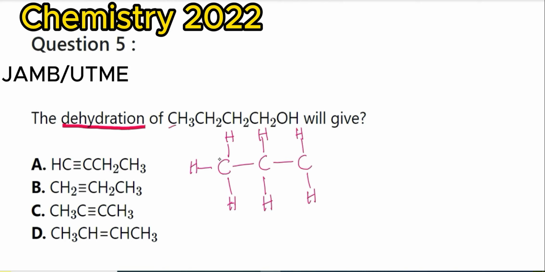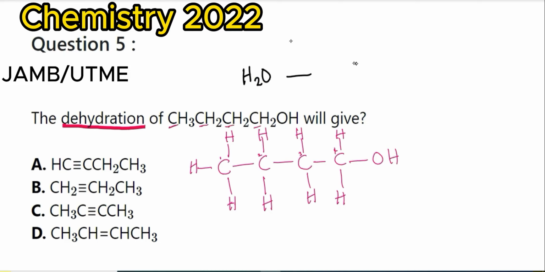The first carbon there, we can say from the left, the second carbon, the third carbon, and the hydroxide is on the last carbon, or we can say it is on the first carbon from the right.